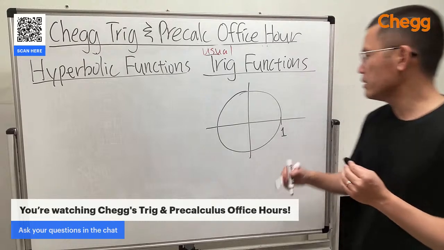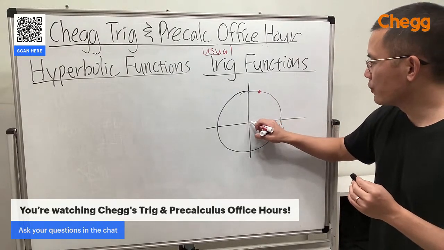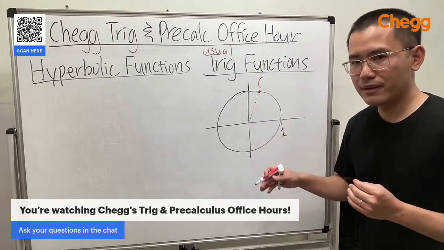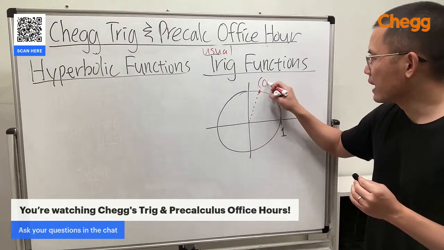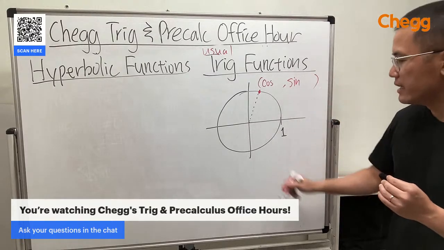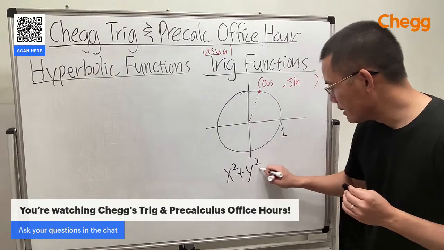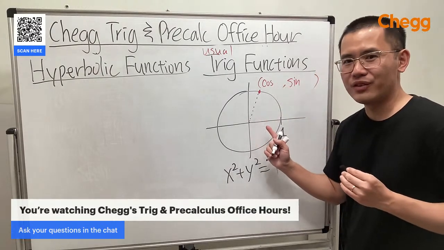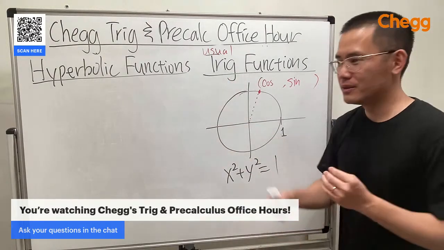On the unit circle, when you put a point, let's say right here, the x value is cosine, and the y value is sine. And for the unit circle, the equation is x squared plus y squared is equal to 1. You might be wondering why I didn't put a theta. Don't worry, I want to go there.